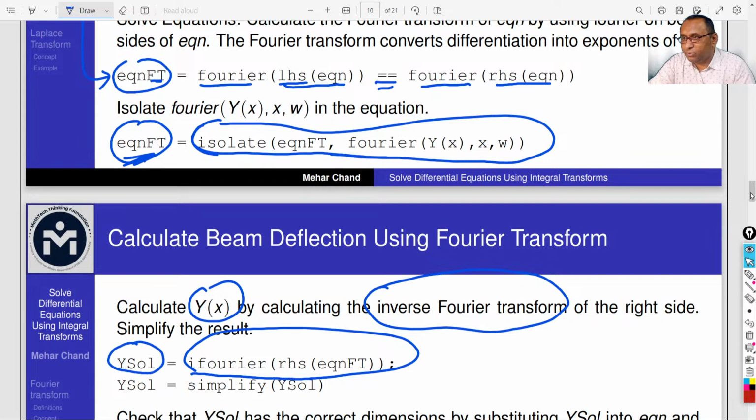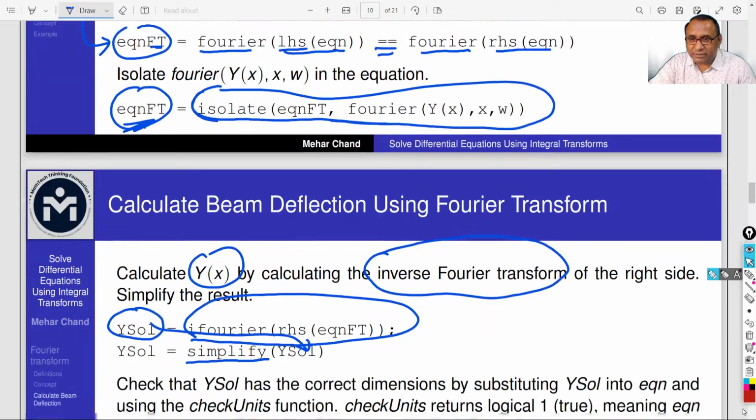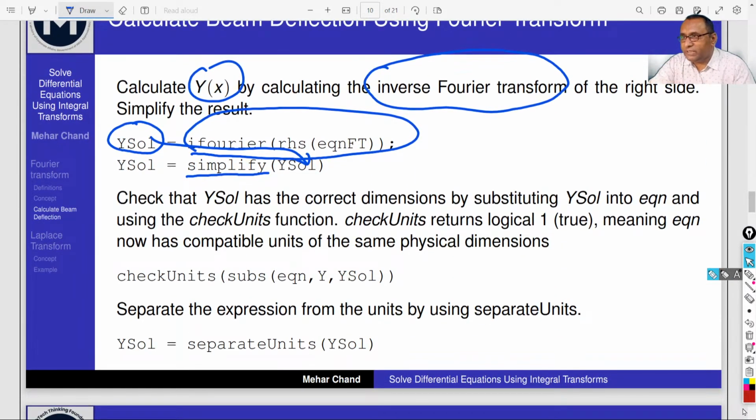So we will store the result in y solution. But this is not sufficient. We need to further simplify. We will use the simplify function to solve this expression. Okay, and after that, note all these sequence of statements.